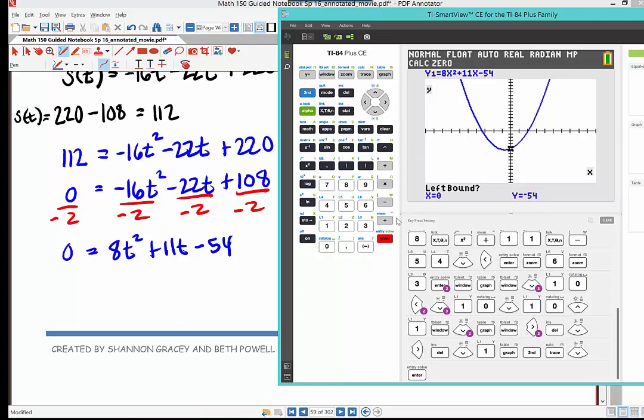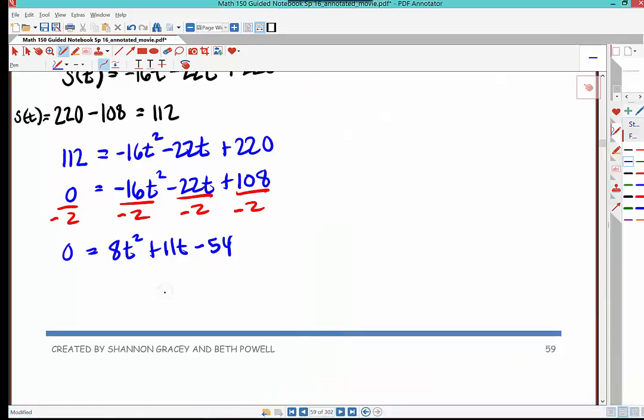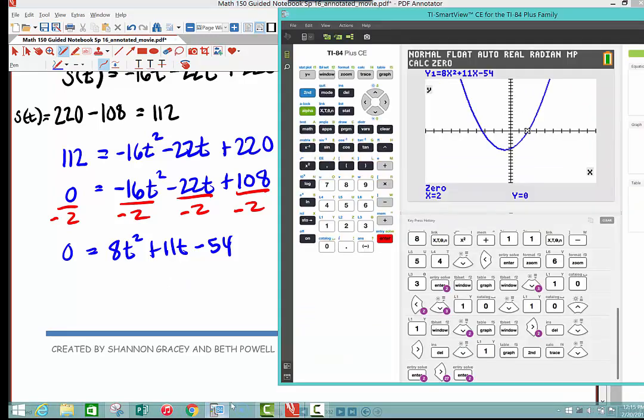Left bound, that's good. Right bound, we want to get above the axis here. Okay, so when x is 2, y is 0. And so basically, I can do a picture of that.